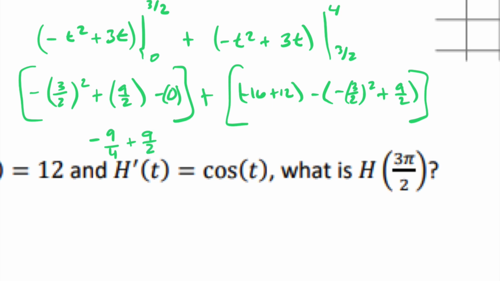Negative 16 plus 12 is negative 4. And then we got a double negative here, so we're going to add 9 halves to it. Oh, sorry, add 9 fourths. And then take away 9 halves.